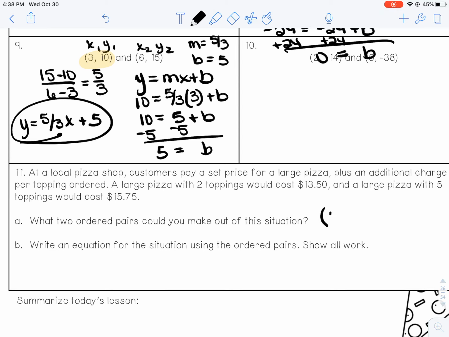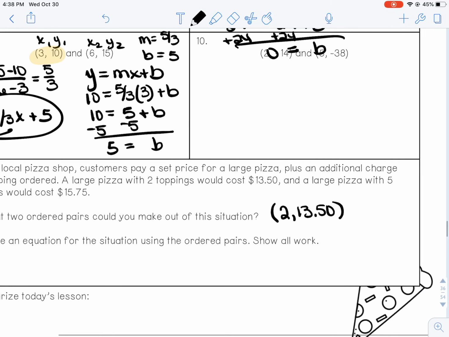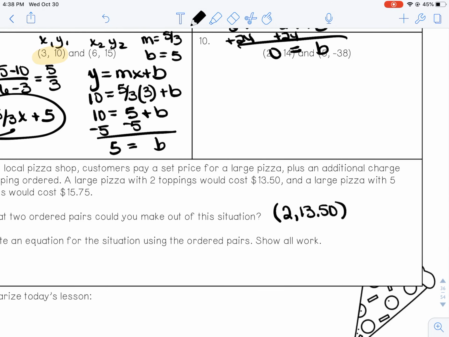Well, I would have 2 toppings for $13.50, and I would have 5 toppings for $15.75. Okay, so x1, y1, x2, y2.